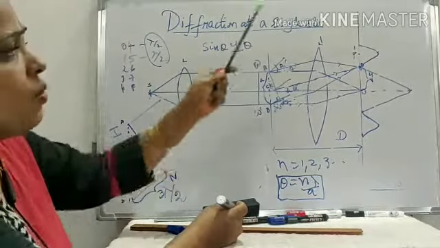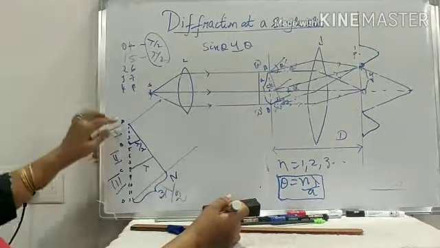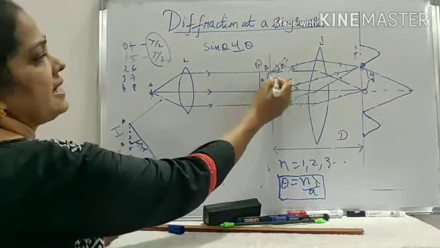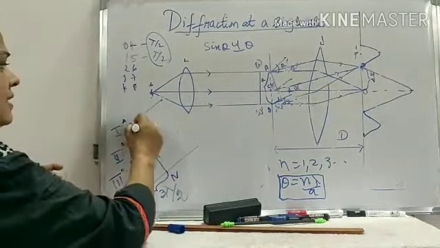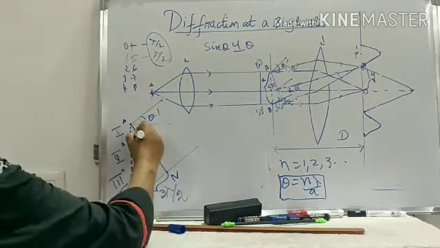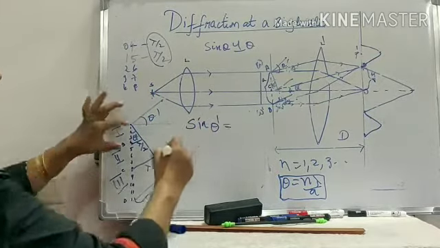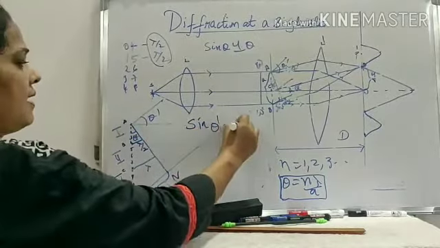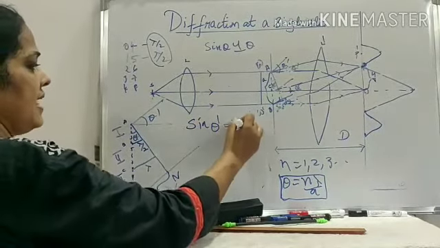Now, let us see what is the condition for a secondary maxima. From this figure, if this angle is theta dash, this also has to be theta dash. So, what is sine theta dash? Sine theta dash has to be Bn by Dn. Whatever it is, from this figure it is Dn.